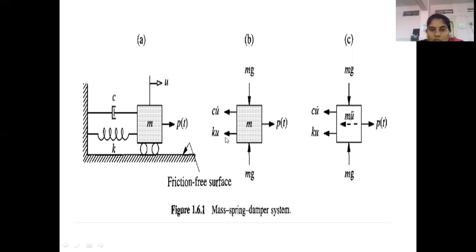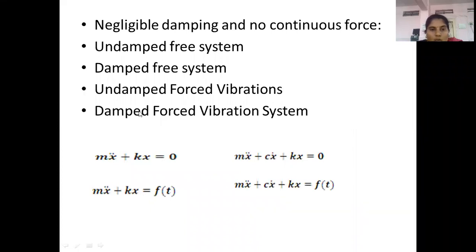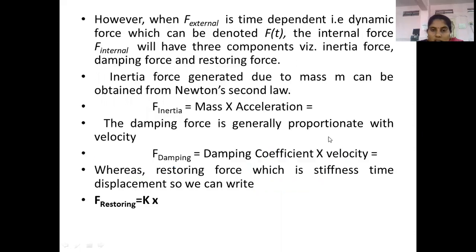Based on this, we considered different damping cases: the undamped free system, the damped free system, undamped forced vibration, and damped forced vibration. Based on these, we go for different equations. Up to this, we covered in the last lecture.